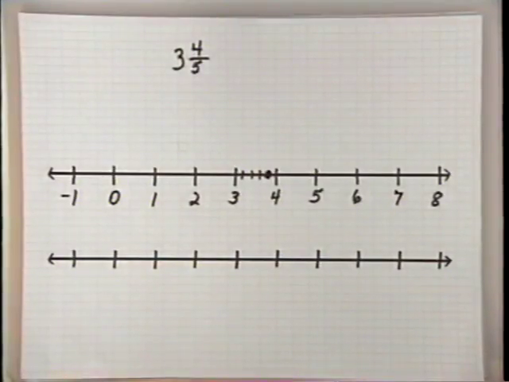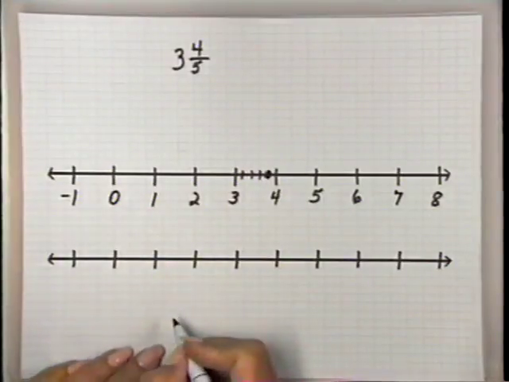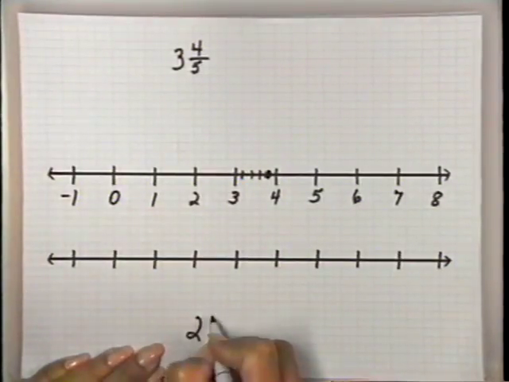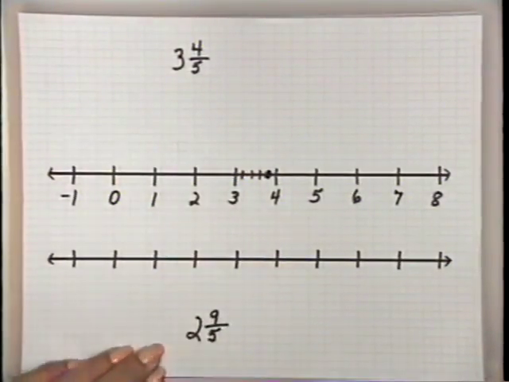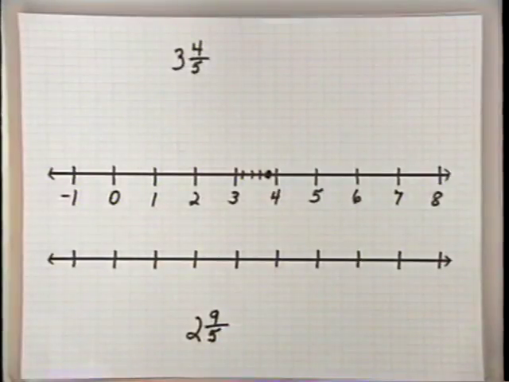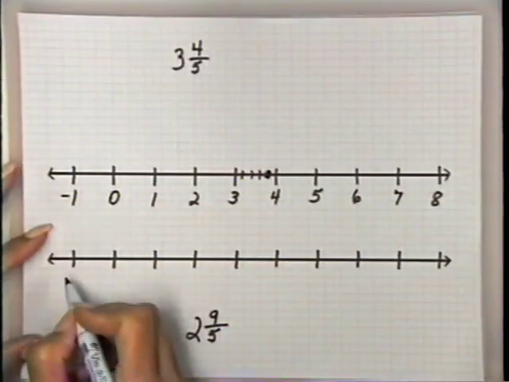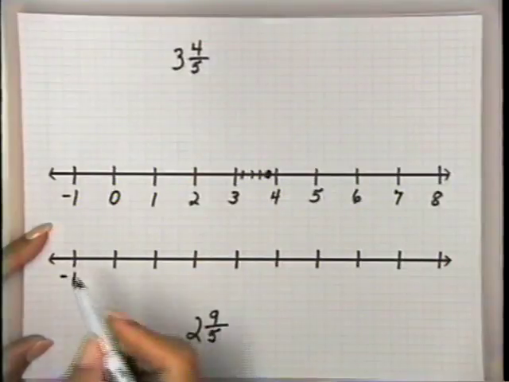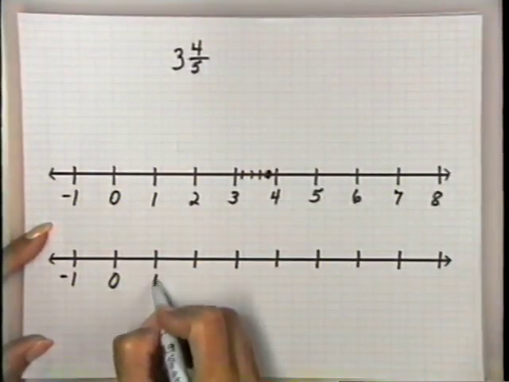Now, the other mixed number that I would like for us to place on the number line is the number 2 9/5. Well, I'm going to label my points the same. I'll start with -1 and then 0.